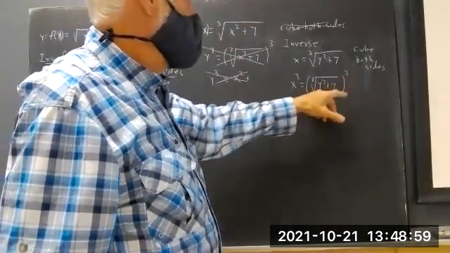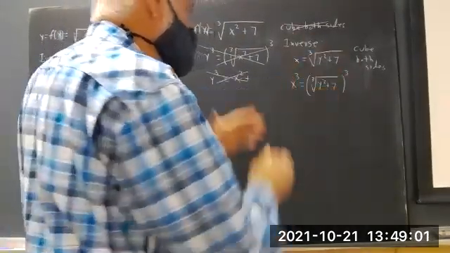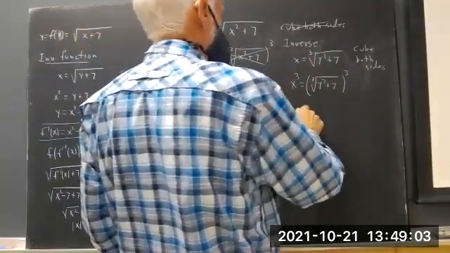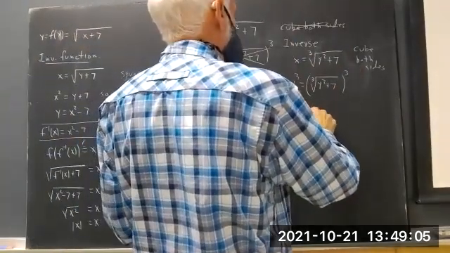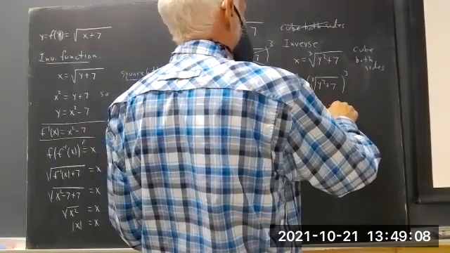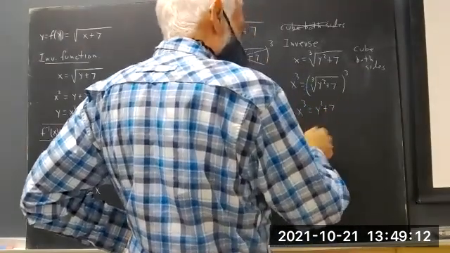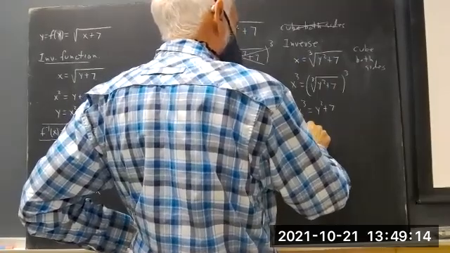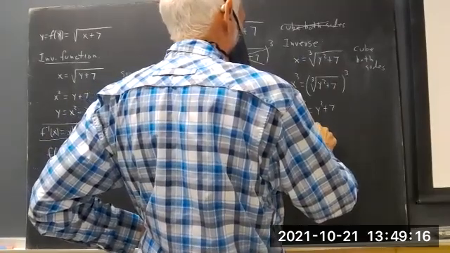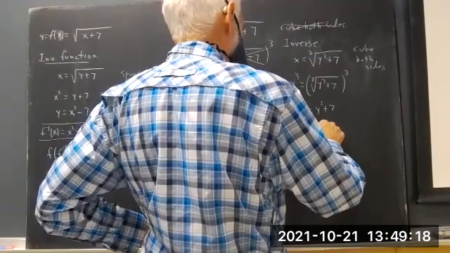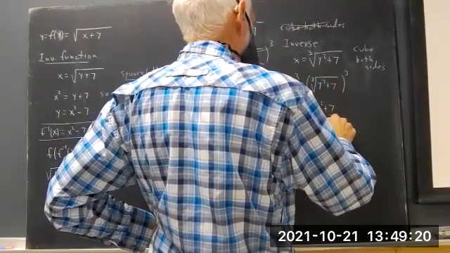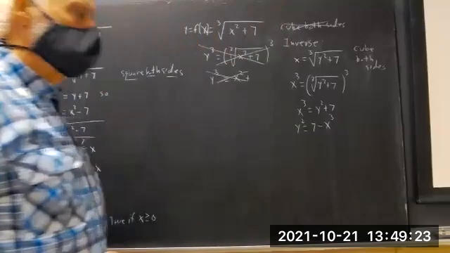Of course, the cube root cubed just gives you whatever the expression is. You've got x cubed equals y squared plus 7. And now the rest of the solution is fairly easy. We get y squared equals x cubed minus 7.